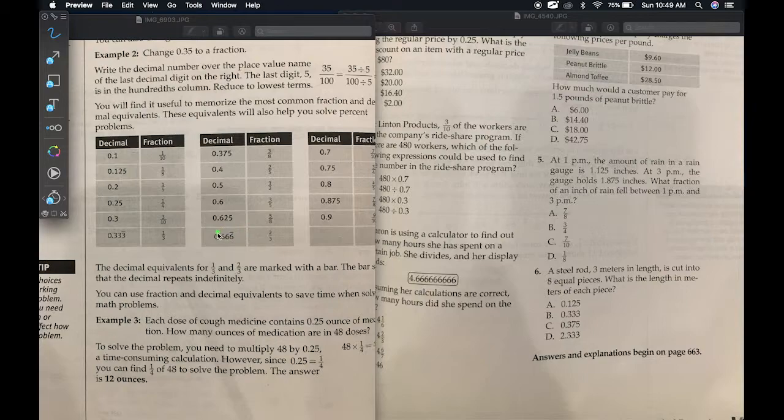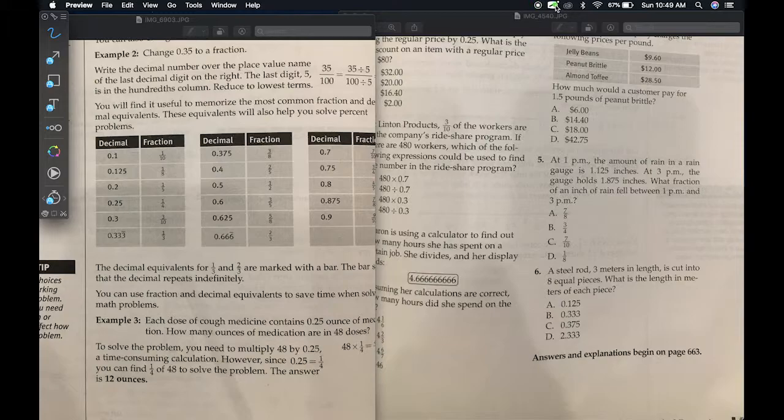So remember that. This number here is always equivalent to 2/3, okay? Same here, you can see the line over the 3. It means this 3 would keep on going, but in this case it's equivalent to 1/3. It will always be equivalent to 1/3, okay?